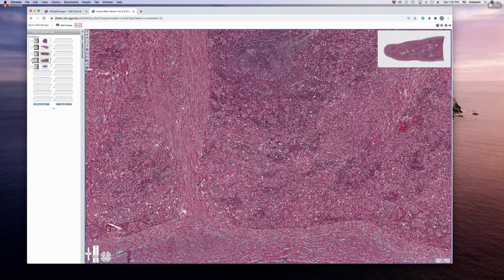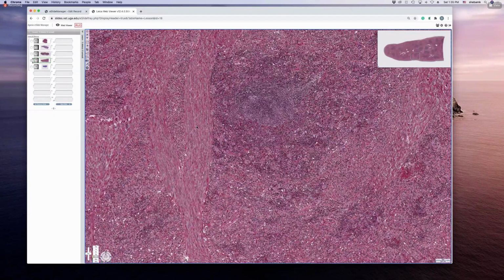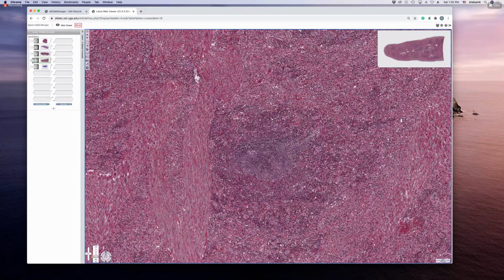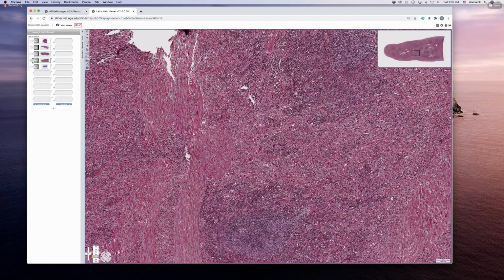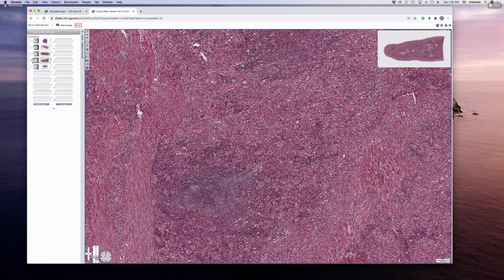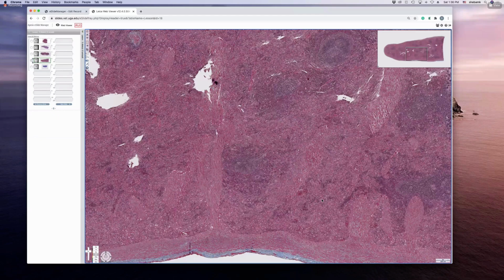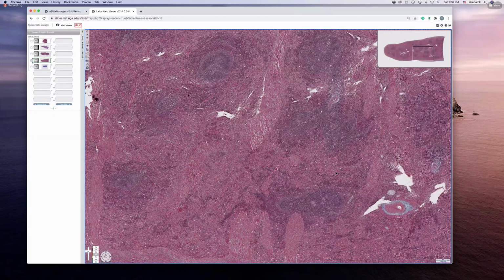Here is a trabecula extending with lots of smooth muscle in it. It's kind of difficult to see the red and white pulp. All this is white pulp, you can see it, right? All this is white pulp and all this is red pulp.